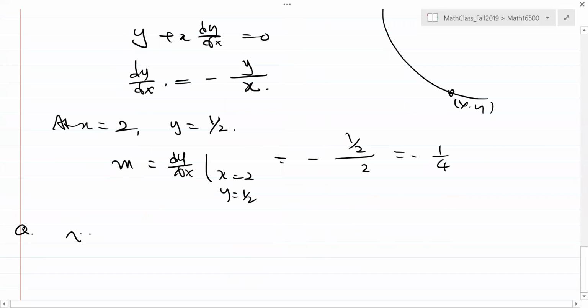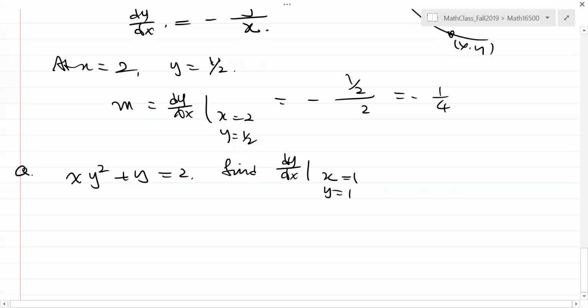For example, now this time, let's do this first. Find dy/dx when x equals 1. When x equals 1, y is also 1.